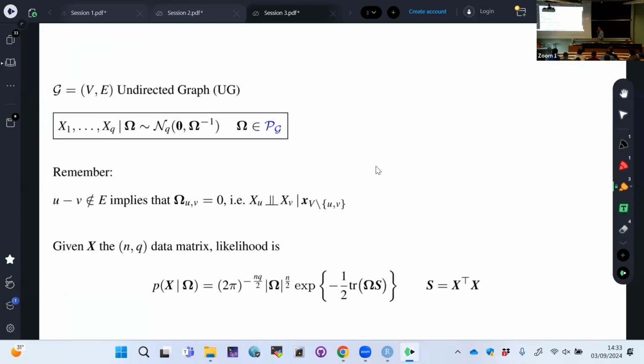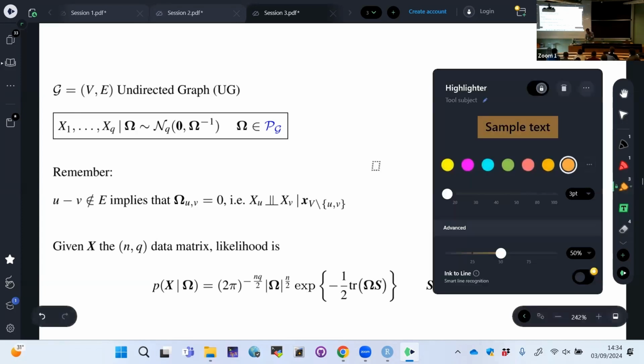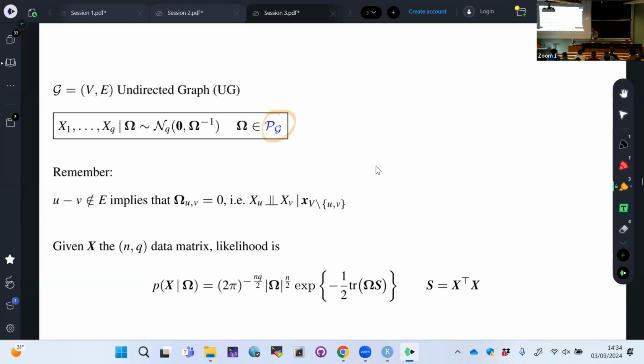We have an undirected graph G, and we assume under G that the joint of X1, ..., Xq given omega, our precision matrix, is multivariate normal, with omega satisfying the Markov property of the undirected graph G. Remember what we said this morning: if there is a missing edge between U and V, that is, UV does not belong to the set of edges E, then the entry at position UV in omega is equal to 0, meaning that XU and XV are independent given the rest.